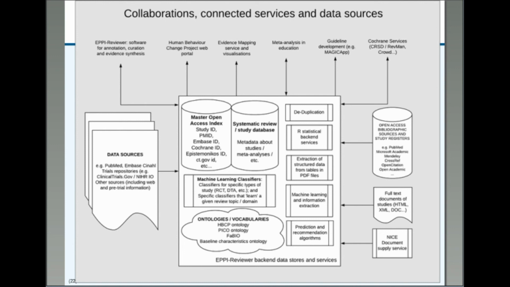We've got an open access index of studies in there. We've got a number of services which include machine learning, deduplication services, statistical services, and services which IBM Research is currently developing on prediction and recommendation based on the studies which are in a particular review or a particular domain. I won't go through it all in detail, but I'll leave that there so that you can press pause if you like and have a look at the different components.